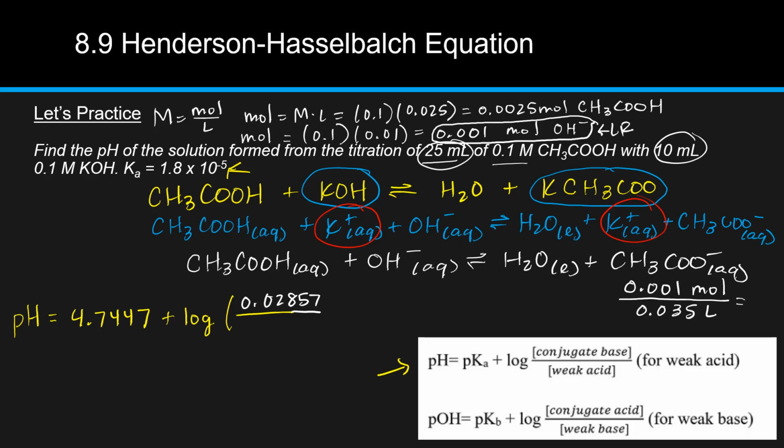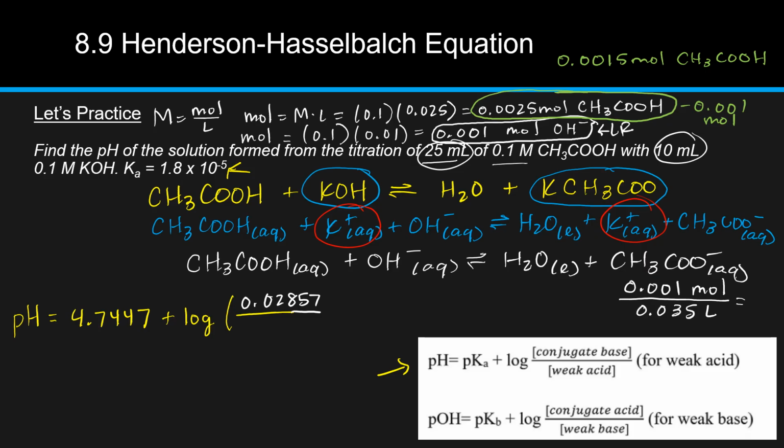Now we need to figure out our concentration of weak acid. So we know that we started out with 0.0025 moles of acetic acid. We also know that we used up 0.001 moles of acetic acid to neutralize all of our hydroxide. So if we take 0.0025 and subtract 0.001, that means we're left with 0.0015 moles of acetic acid left over in solution.